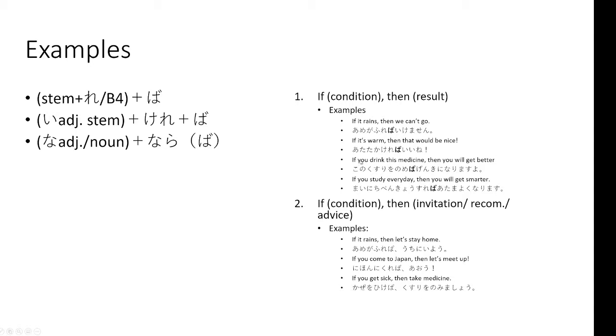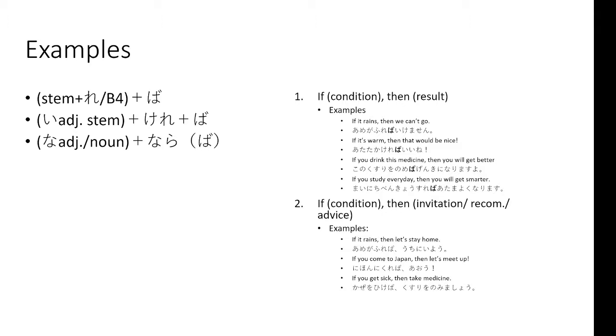Good example, we have, if you drink this medicine, then you will get better. Patient is drinking the medicine. The result is getting better. この薬を飲めば元気になりますよ. Now, I want to point out the fact that this isn't necessarily a 100% true result, but this is someone's hypothesis or something that they suppose.